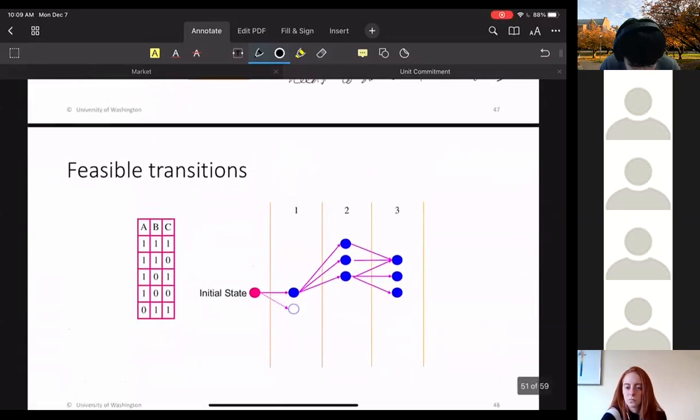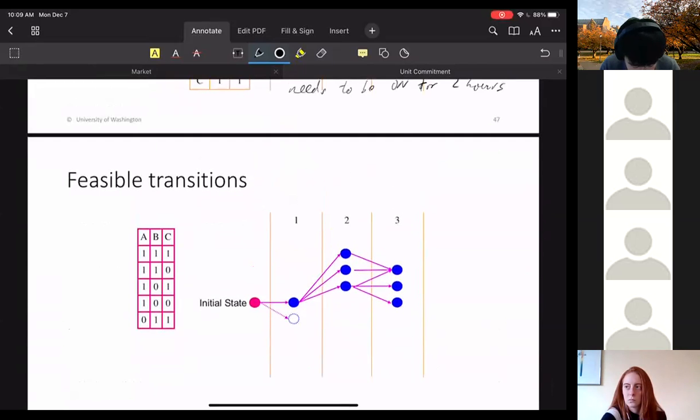So what we get is basically these feasible transitions. Right, so our feasible transitions are all the purple arrows that are left over. Okay. Any questions about how we get these arrows? Right, so you basically rule out possibilities.